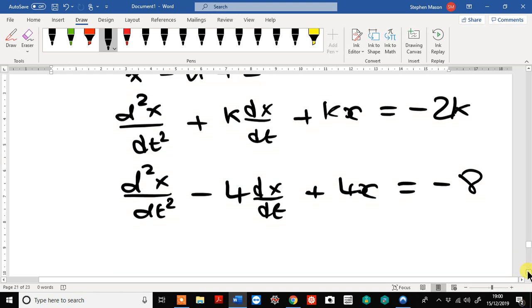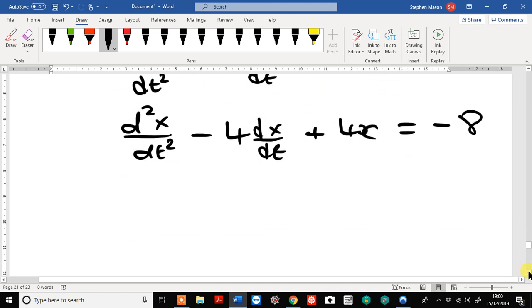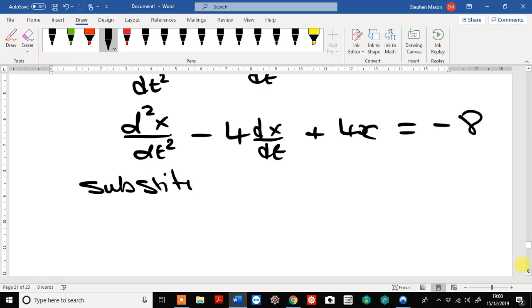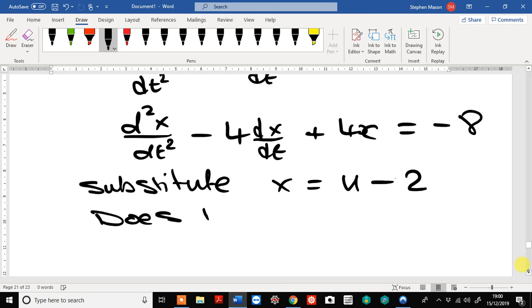So what we're going to do is substitute x equals u minus 2 and see if this works. So we want to know, does this work?